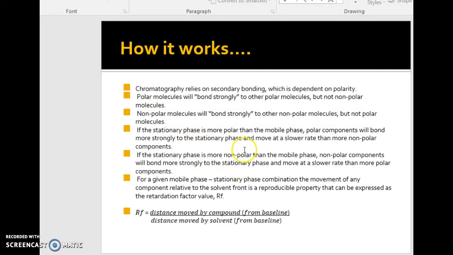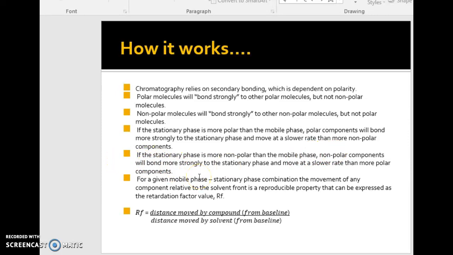If the stationary phase is more polar than the mobile phase, and in our case the stationary phase was the paper, polar components will bond more strongly to the stationary phase and move at a slower rate than the non-polar components. That's how we separate our different polar and non-polar components from our mixture.